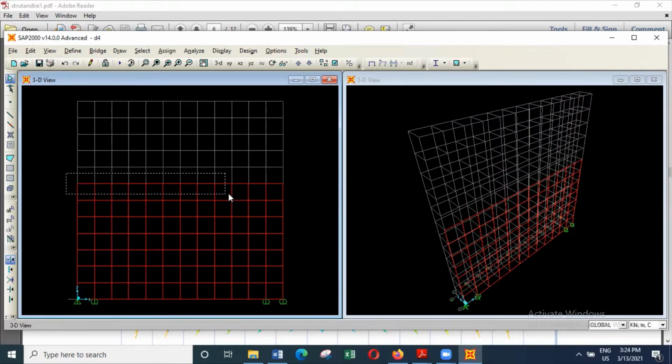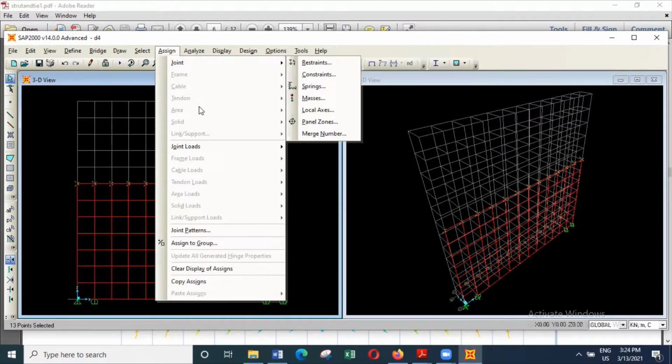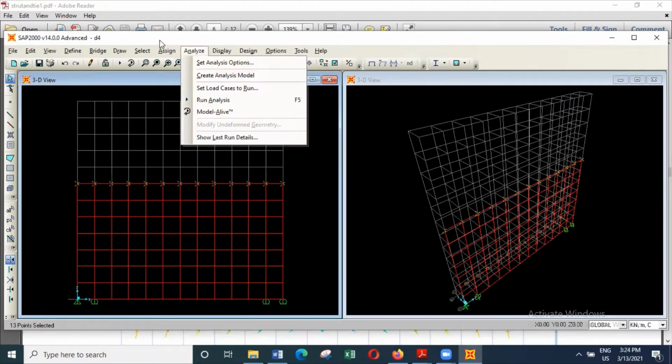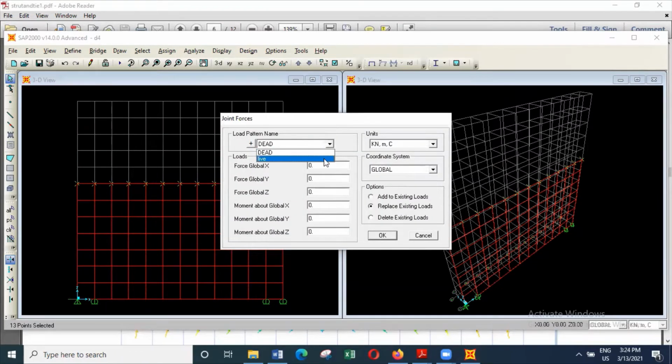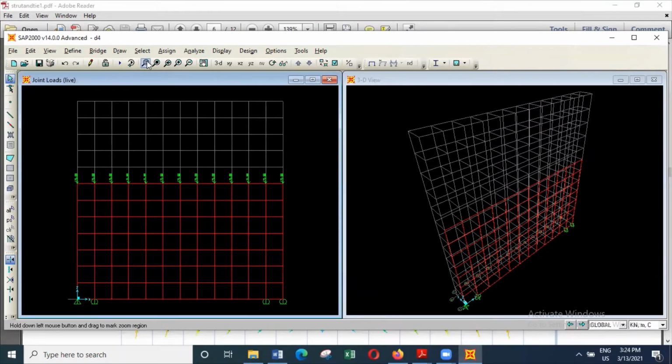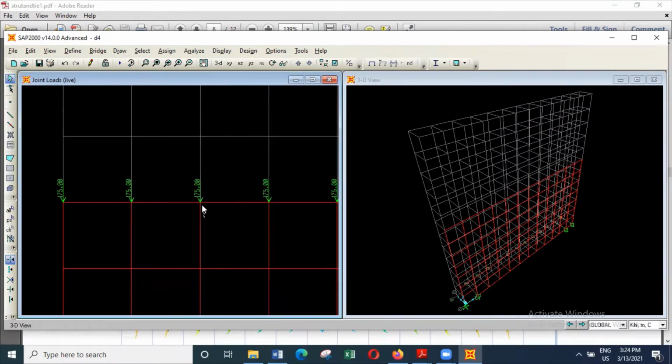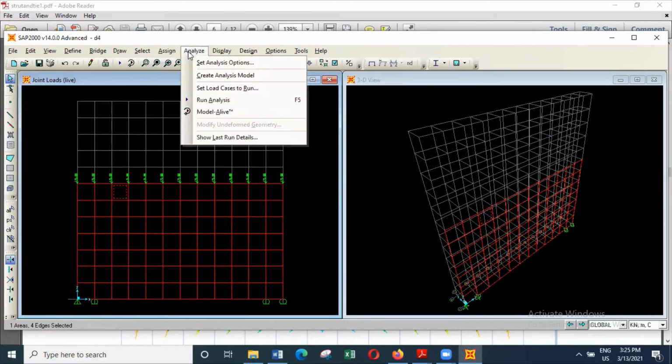And let's just apply 350 times 0.5, 175, as joint loads. So you can see the loads that I applied, 175, and we can ask it to analyze it.